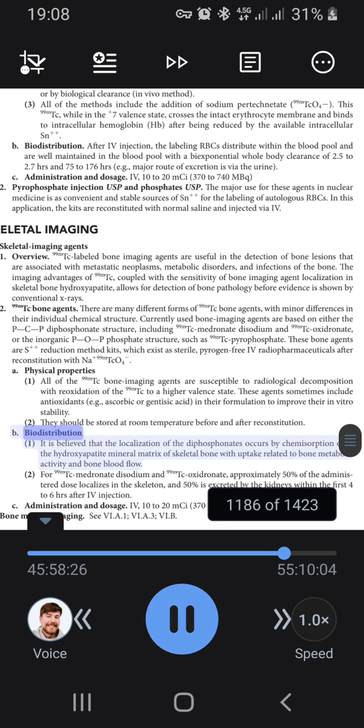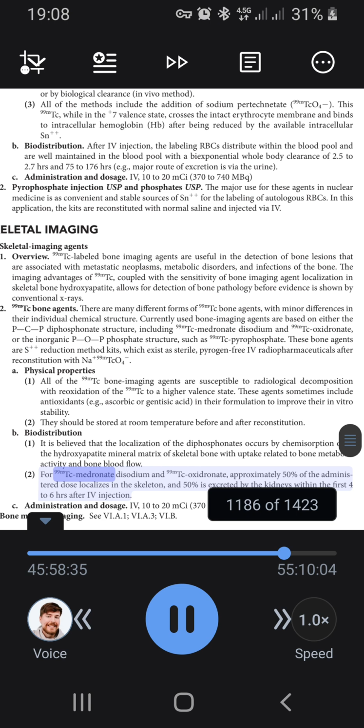B. Biodistribution. 1. It is believed that the localization of the diphosphonates occurs by chemisorption onto the hydroxyapatite mineral matrix of skeletal bone, with uptake related to bone metabolic activity and bone blood flow. 2.